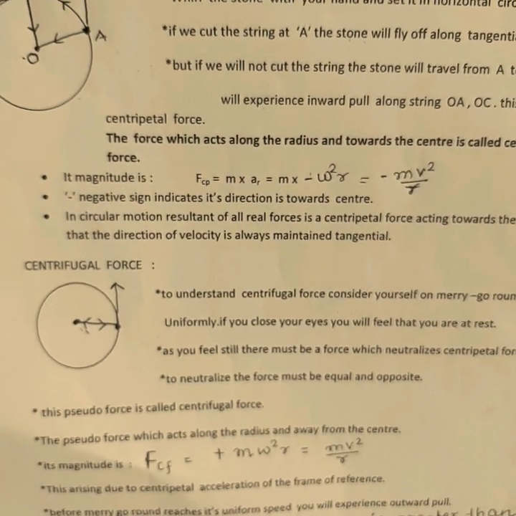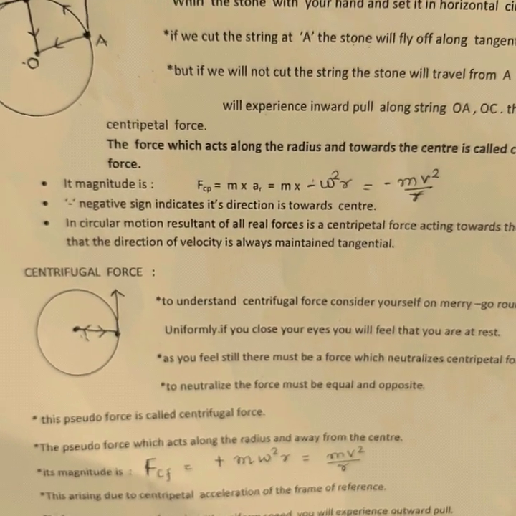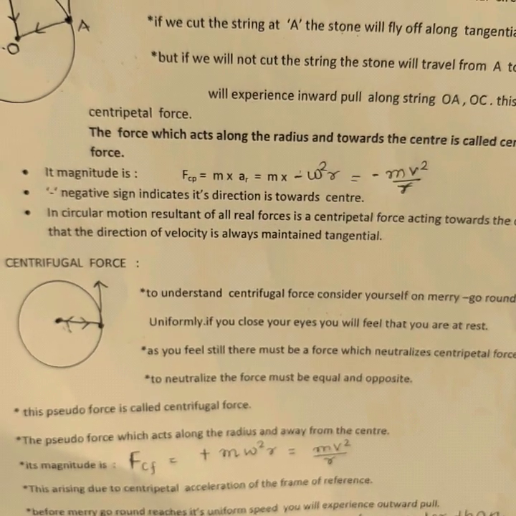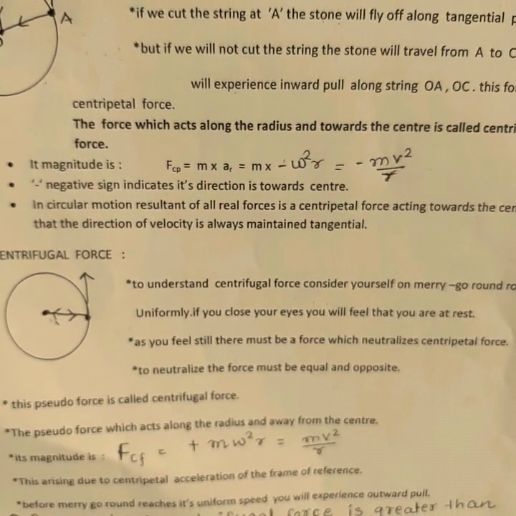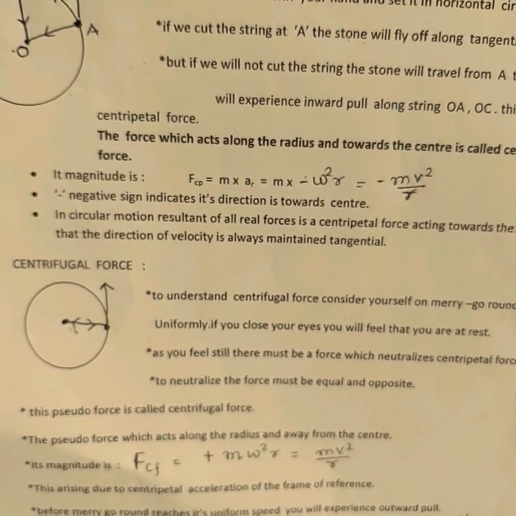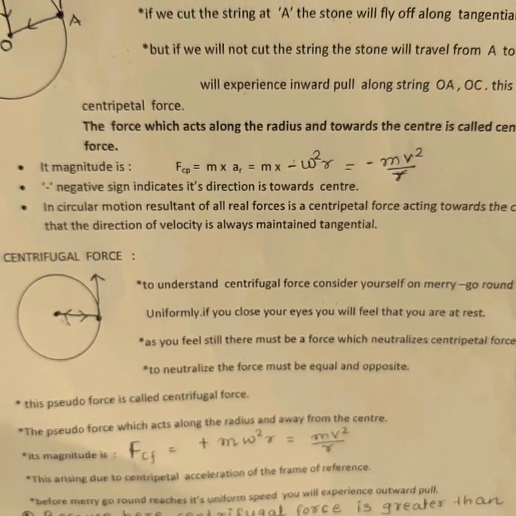The merry-go-round is rotating. So, as you feel you are still, there must be a force which neutralizes the centripetal force which is acting on you and enables you to perform circular motion.